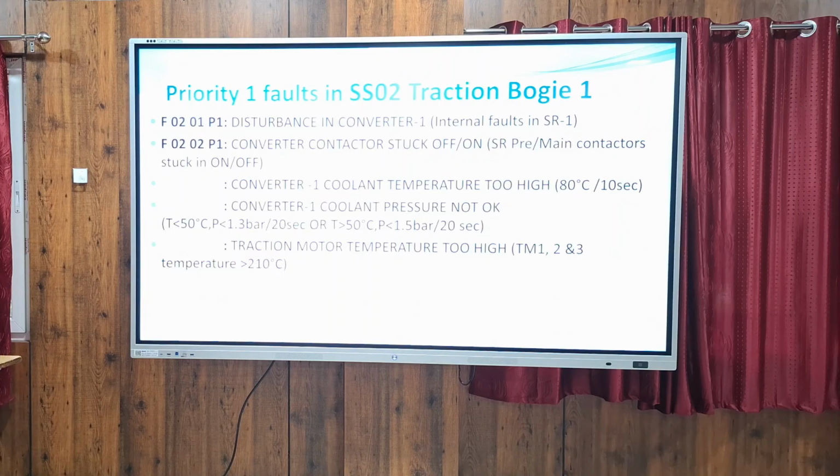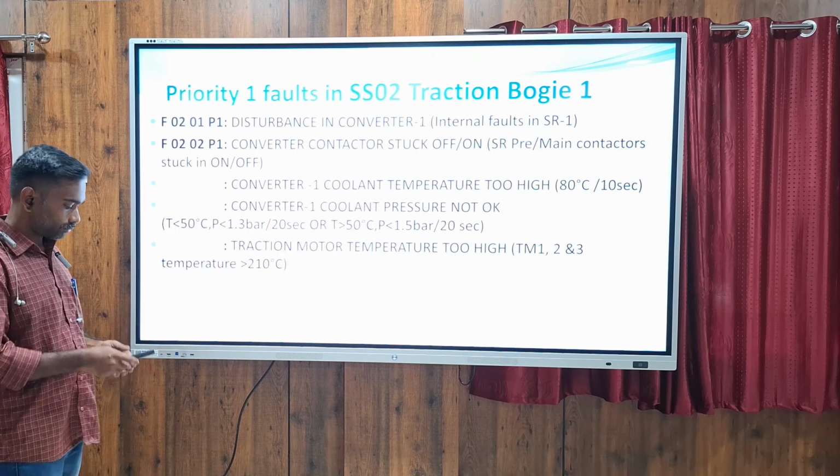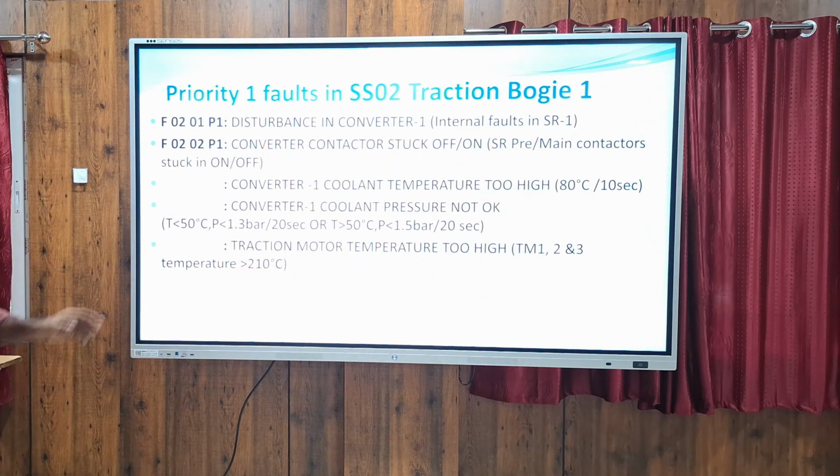If it is more than 215, then VCB will trip and isolation will come. Similarly, we compare the values of the two elements. If there is a difference of more than 3 degrees, then also that particular TM will get isolated.